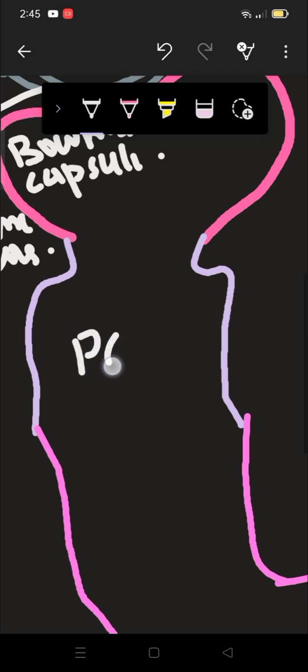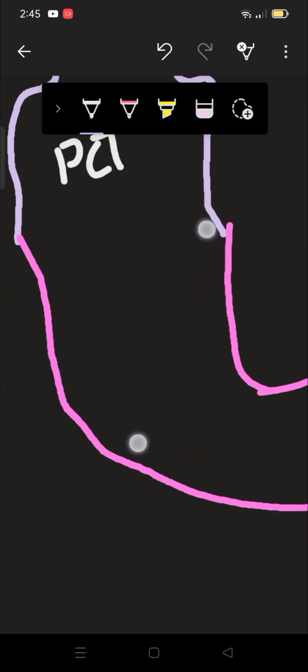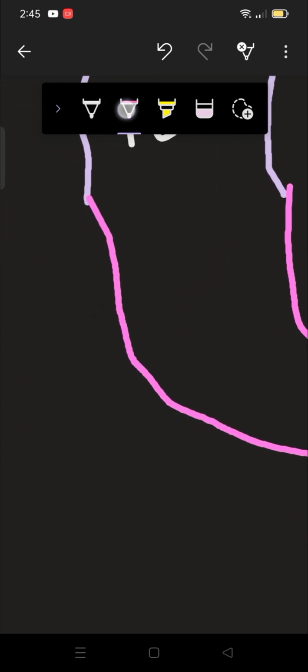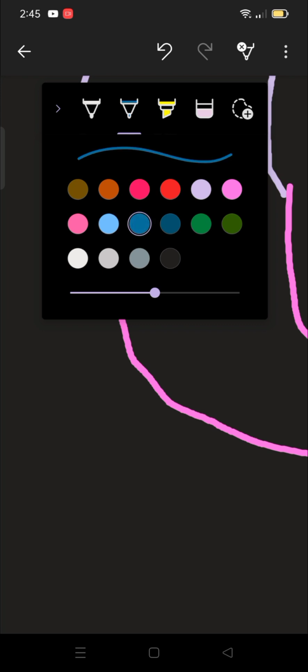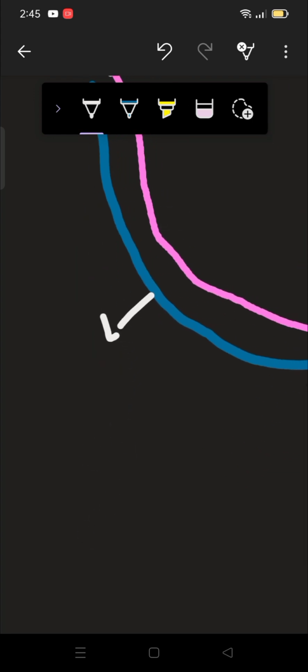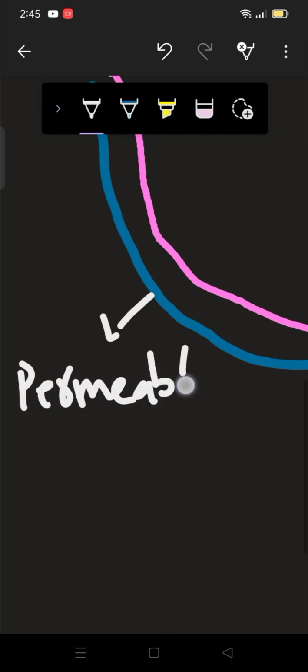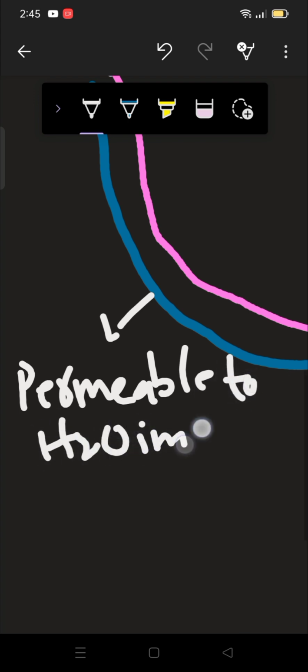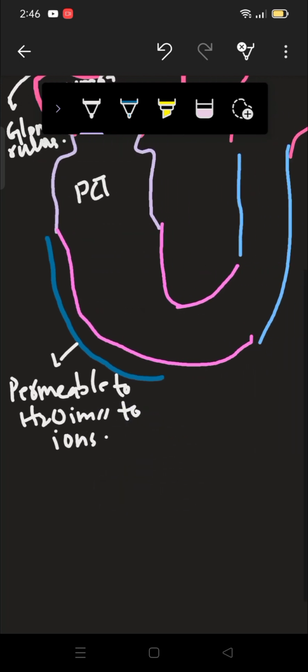this is PCT, this is descending loop of Henle, and it is permeable to water, but it is not permeable to ions.